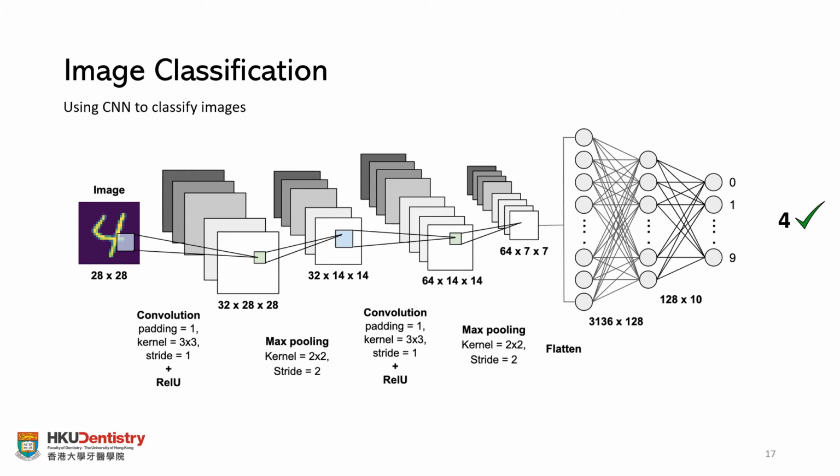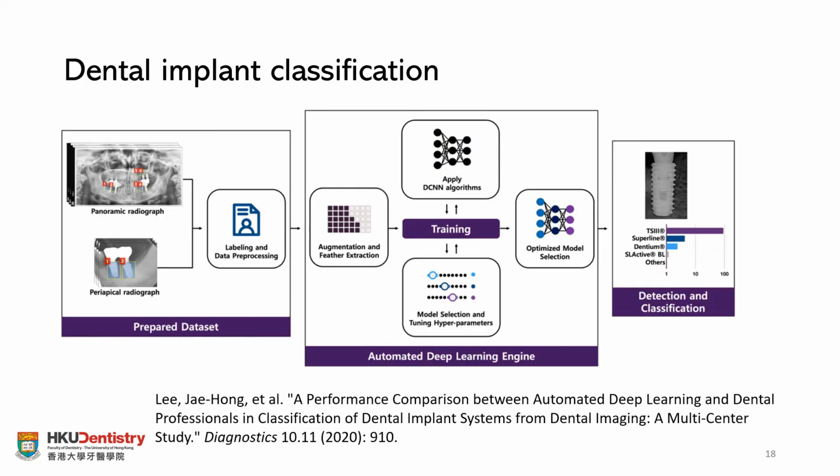The model, as you can see, has different layers: convolution layer, max pooling layer, and flatten layer. We don't want to talk about the details of the model in this video, maybe in a future video, but overall we can use this kind of deep learning approach to build classifiers for these kinds of applications.